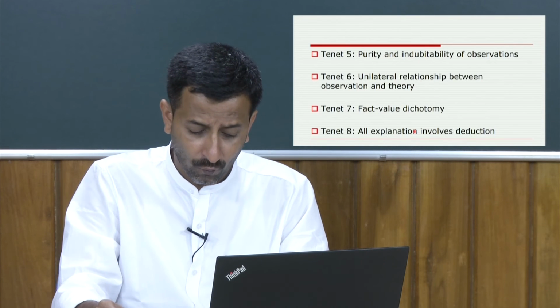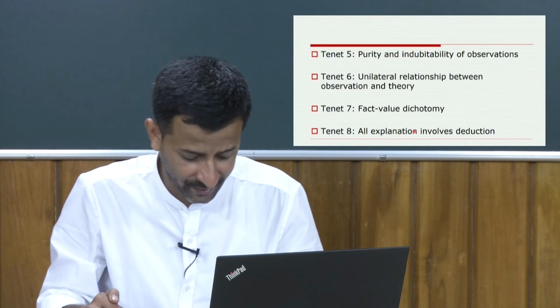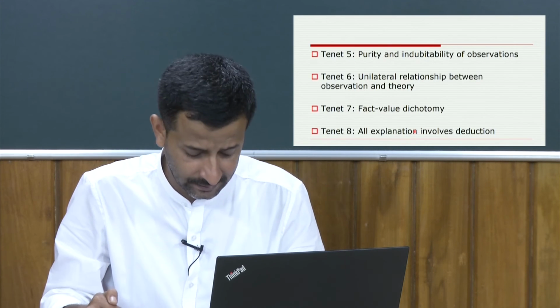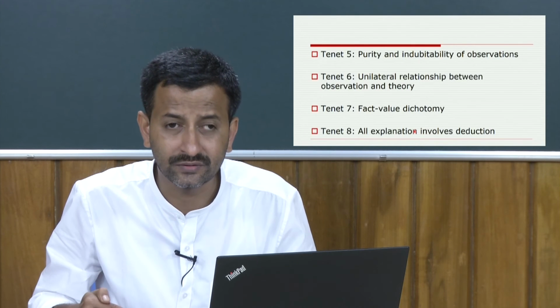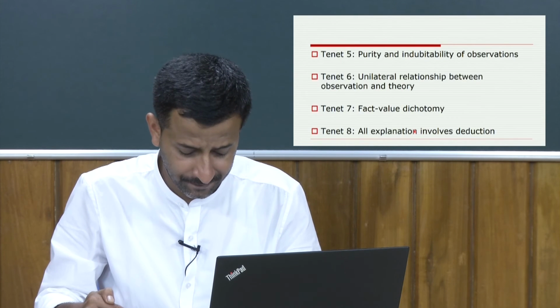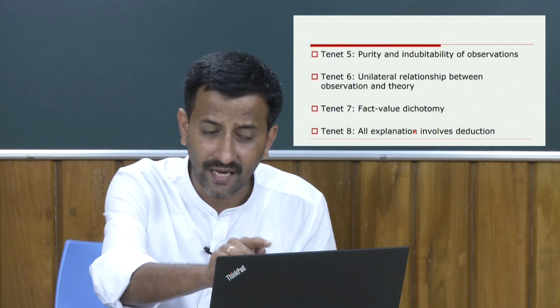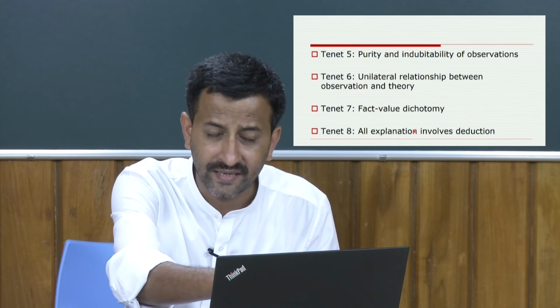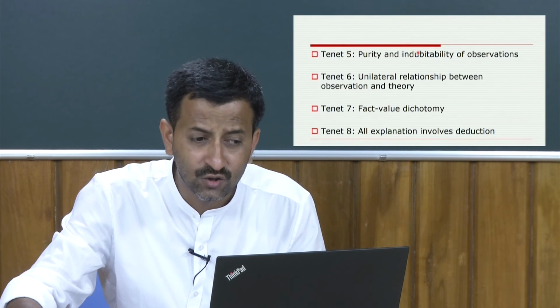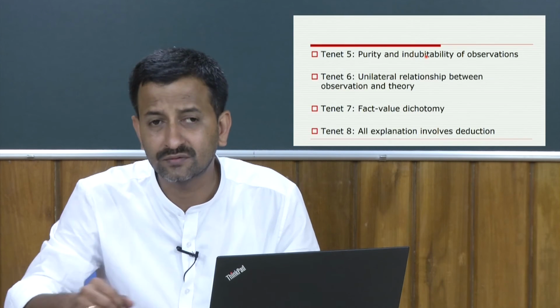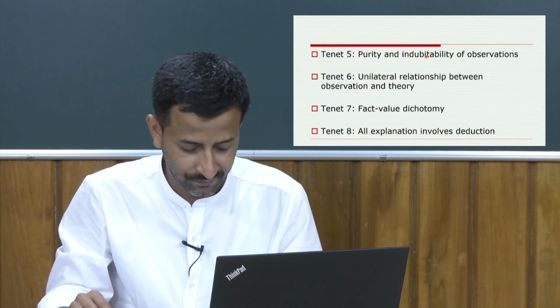Then, when you come to this point, that the progress of science, I have not yet completed this portion. I mean, I still have a point to make in the context of the indubitability of observations. We will see how.